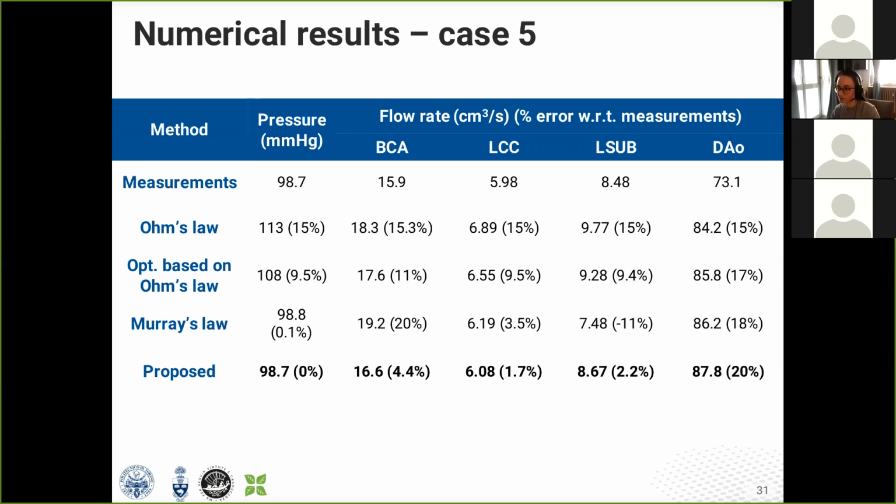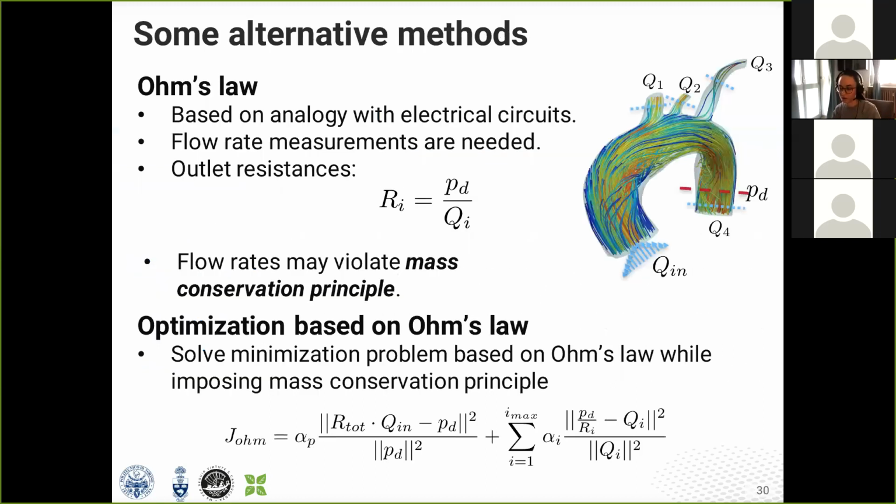You mean in the Ohm's law and the optimization based on Ohm's law? Yeah. Okay, so you have here the pressure that is measured on the patient, and also the flow rates, the ones that I'm assimilating in optimal control, are used here in the optimization, while these are the unknowns.